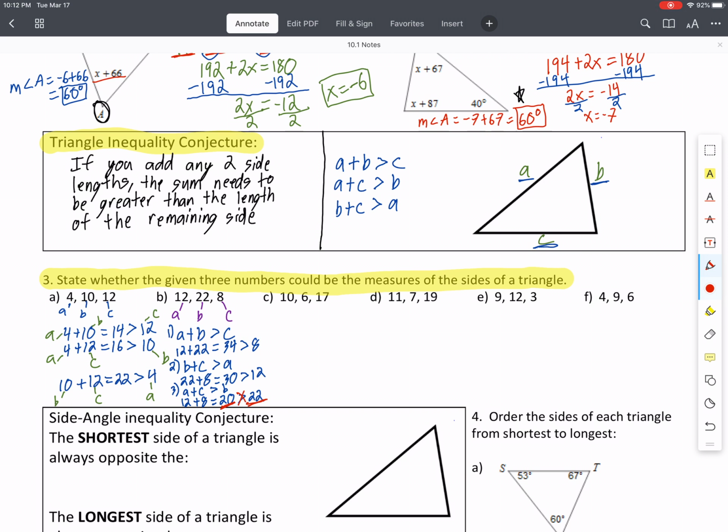So this one would be no. That wouldn't be possible measures because of this last one right here. This first one would be a yes, because all of them work. We need to check all of them to make sure it works. So there are a couple examples for you guys. Go ahead and check those last 4, and we'll be back.